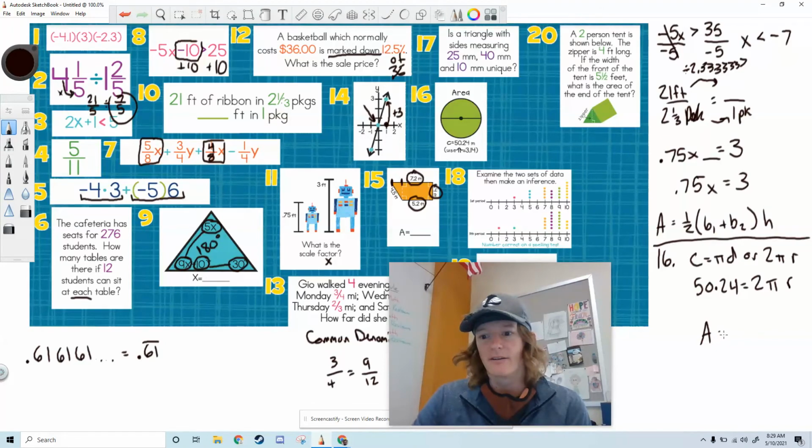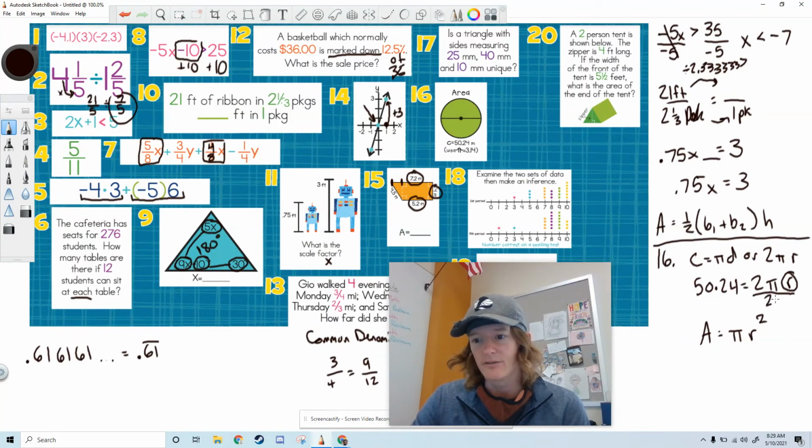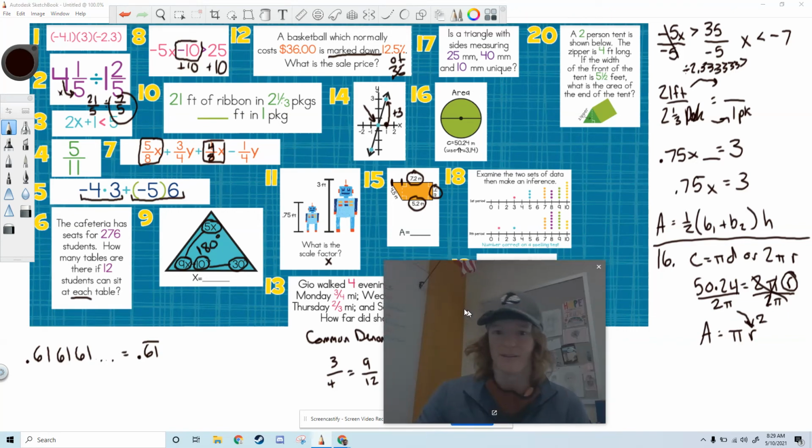Remember, for area, you're going to do pi r squared, or pi times r times r. So in order to solve for r, we need to divide by 2 pi. In other words, divide by 2, and then divide by 3.14. Then you'll have the radius, because those go away, and you're going to take that radius number that you got here, multiply it by itself and by pi, and you'll get the area.